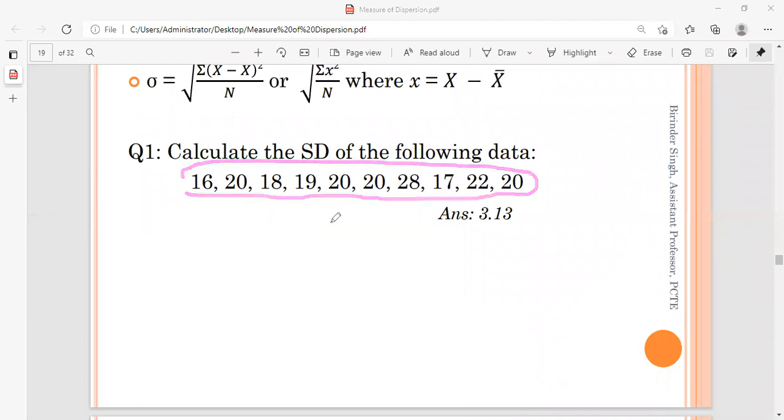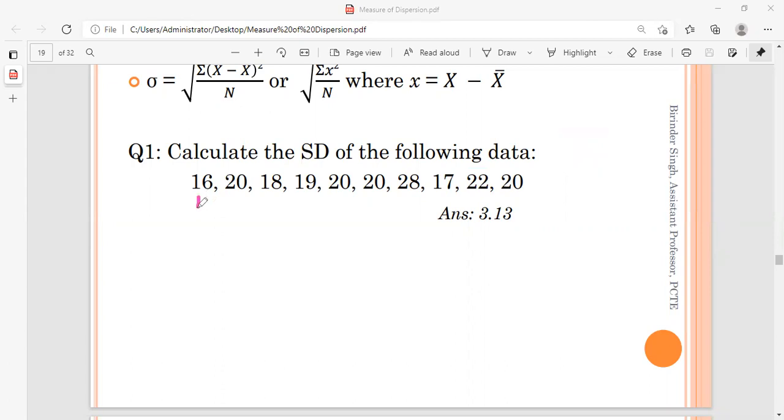So let us talk about how to compute standard deviation here. Let me write. First, you compute the mean. How will you do that? First we calculate the sum of all these 10 data points, and that is divided by 10 to compute the mean.